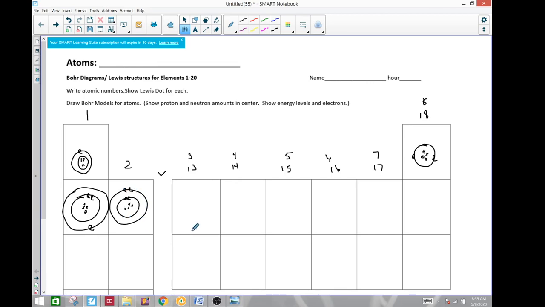And then from here, we're going to go 5 protons. This is boron. 1, 2 energy levels. Sometimes we use dashes to show these. 1, 2, 3, 4, 5. Alright, 6 protons and 2 energy levels.